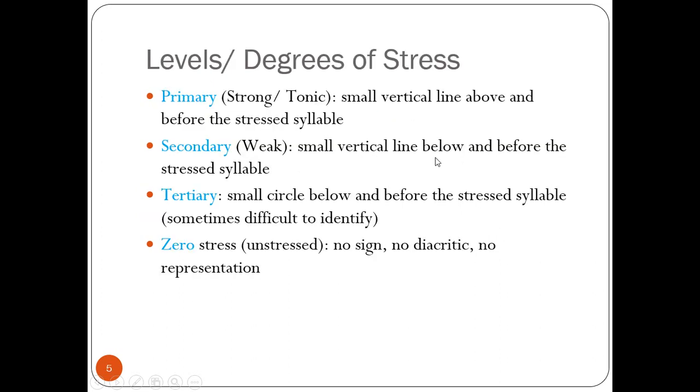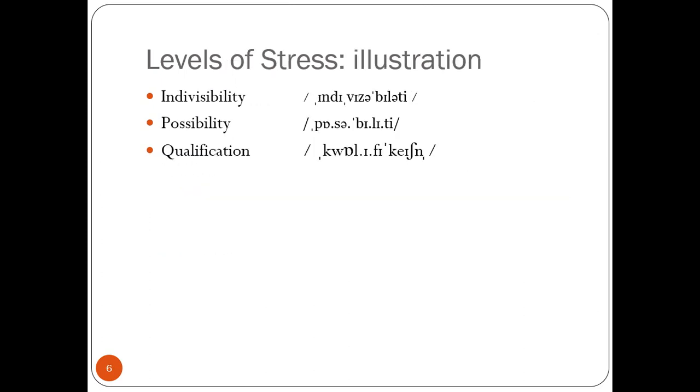Then we have secondary or weak stress. Even tertiary is also weak stress. The secondary is represented by a small vertical line, but not above, rather below and before the stressed syllable. In the next example you will find that. Look at here, this one, the first syllable.